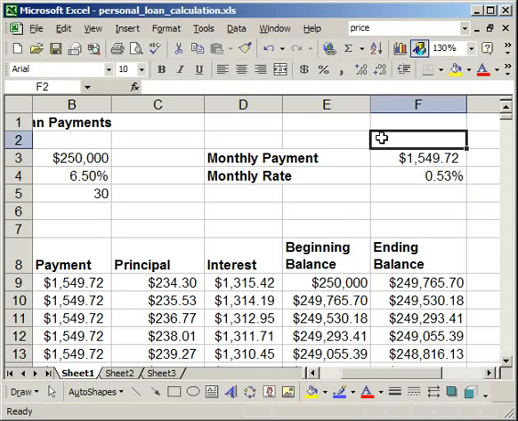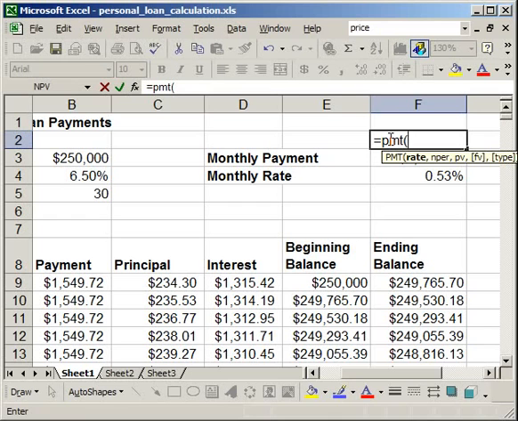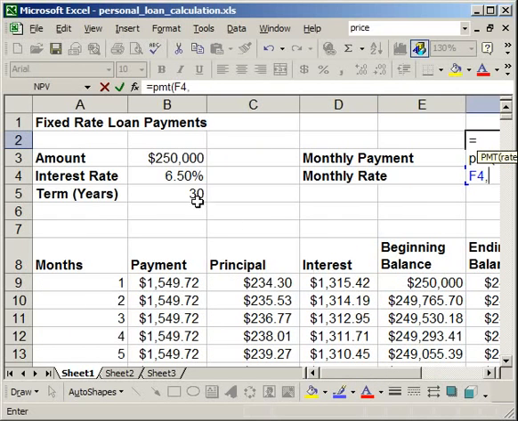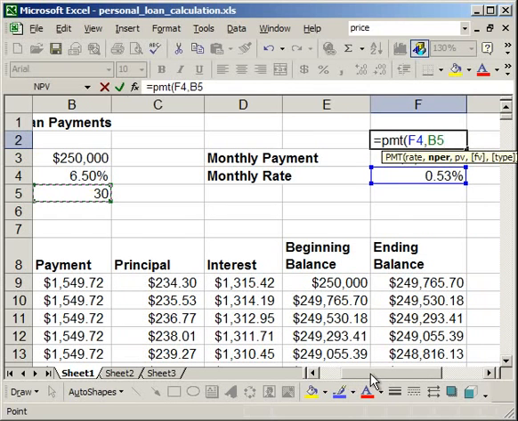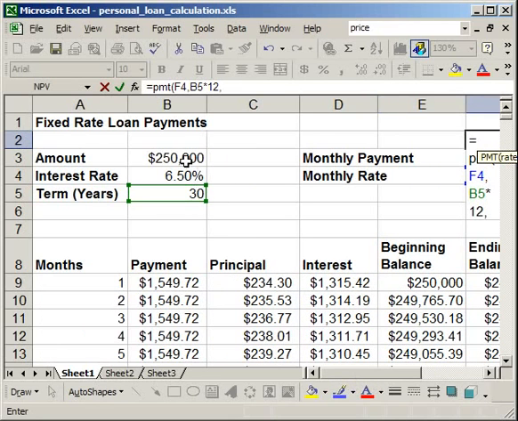So to calculate the payments, we want to do equals PMT, open parentheses, the rate, and what you want for the rate is the monthly rate, so right there, comma, the number of periods, and for the number of periods, all I'm going to do here is the loan term in years, and I'm going to multiply that by 12 for 12 months, comma, and then the present value, which is just the current amount of the loan here.